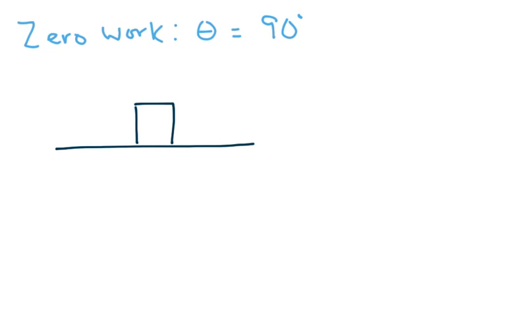I want that box to go from xi to xf. So I do want my box to go this way. But if I'm going to apply a 90-degree force to the surface here, that implies that my force is going to go straight down.